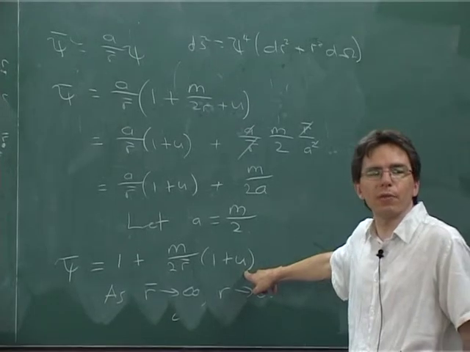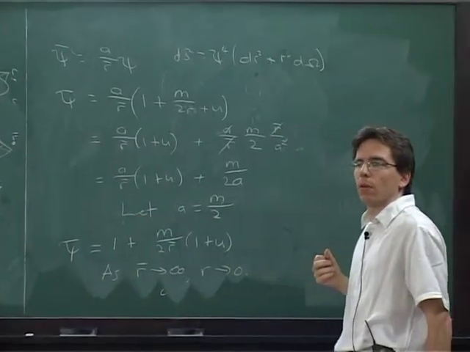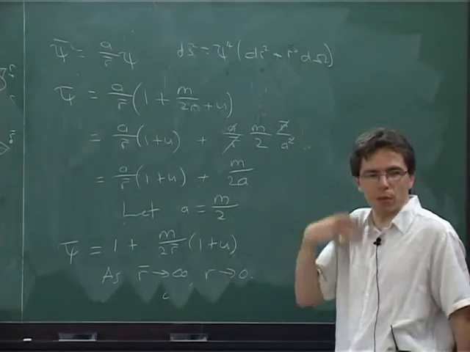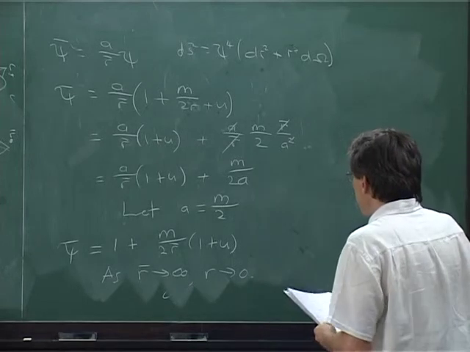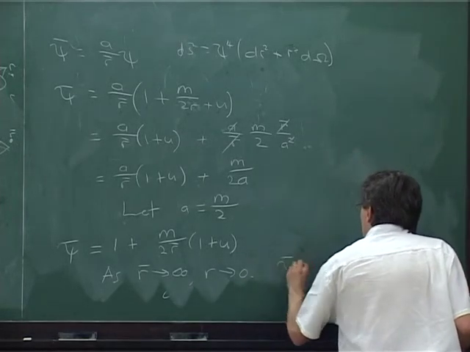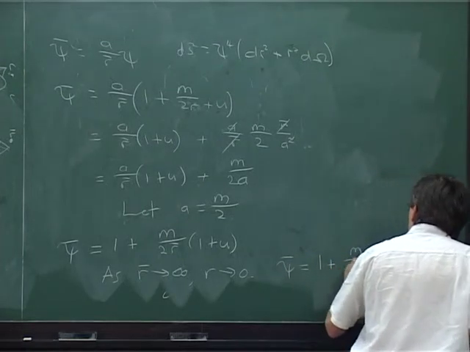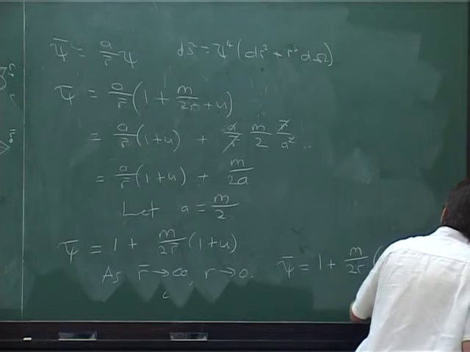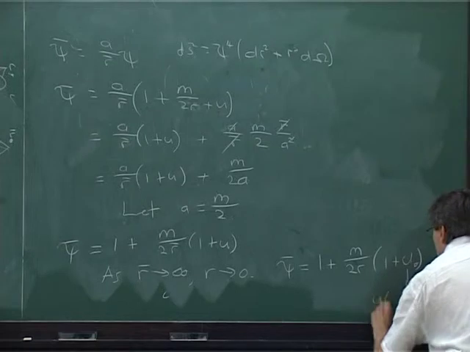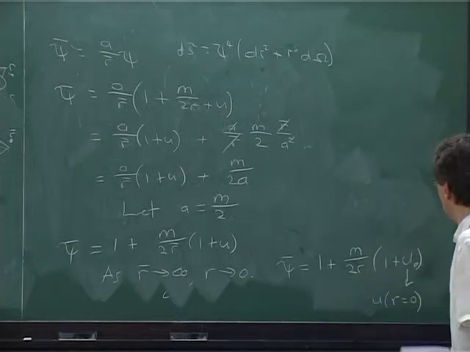U is this correction function. At the origin, it becomes some constant. It's a regular function. It turns out it doesn't become 0 at the origin. It becomes some constant. So then psi bar is 1 plus M over 2r times 1 plus U naught. That is the limit.